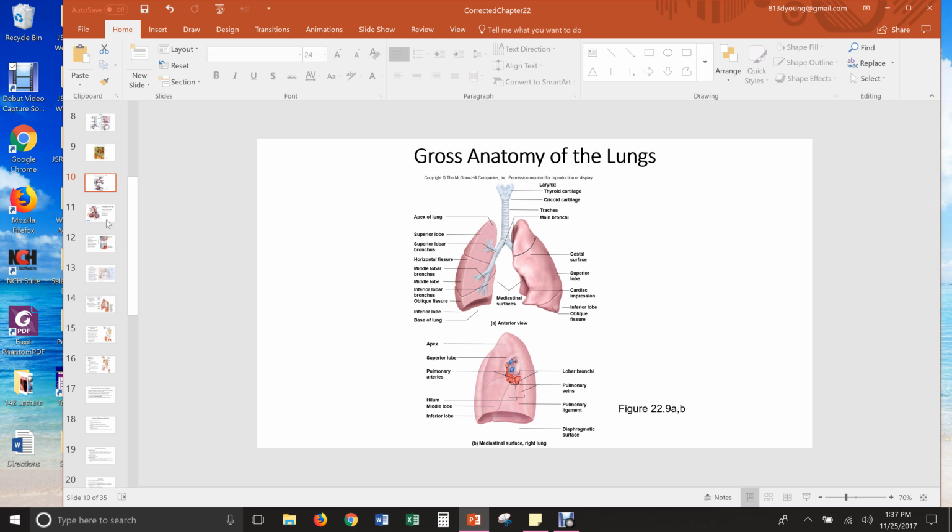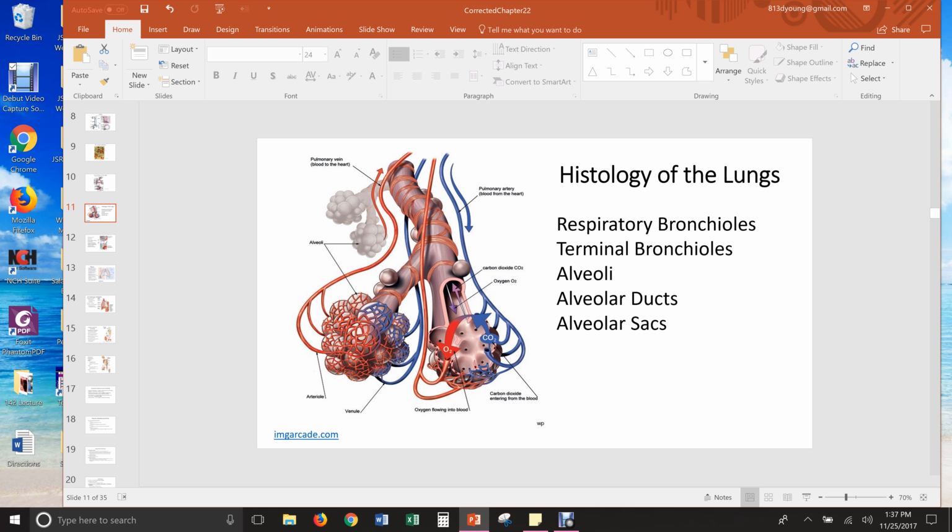As that branching continues, we eventually end up with about 7 generations of branching until we get to the alveolar sac. The alveolar sac is connected to a duct, which is connected to terminal bronchioles, which meet respiratory bronchioles.